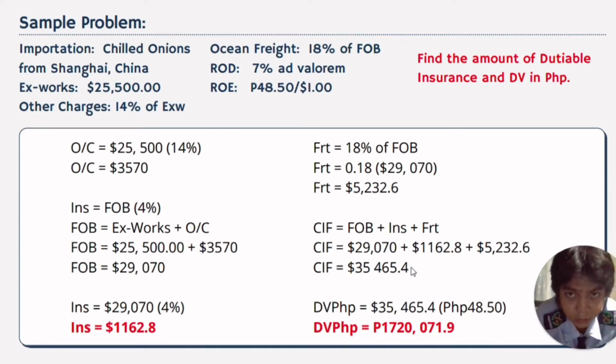Ocean freight 18% of FOB. ROD 7%. Ad valorem. ROE 48.50 equals $1. Other charges equals 14% of 25,500.